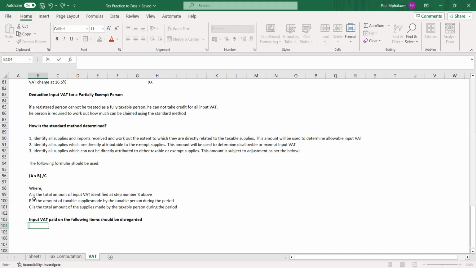Okay. Number one, motor vehicle spare parts, unless the registered person is in the business of selling, or is in the business of hiring, selling, and dealing with motor vehicles and motor vehicle spare parts.